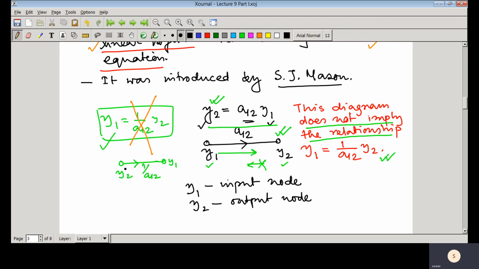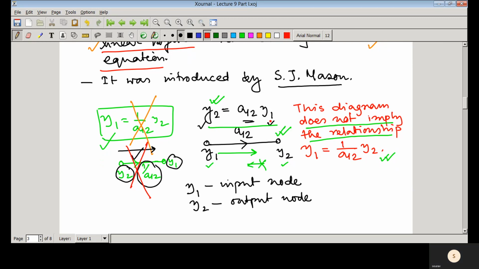As Y2 is the output and Y1 is the input node, if you write Y2 equal to 1 by A12 into Y1, you are indicating that the signal is flowing from output to input, which is wrong. That's why in a signal flow graph, you should not divide by the gain.